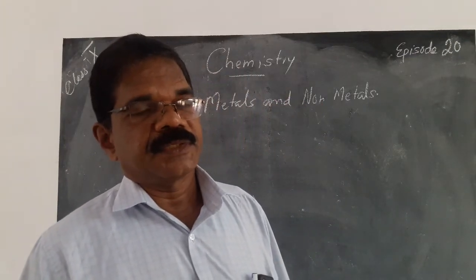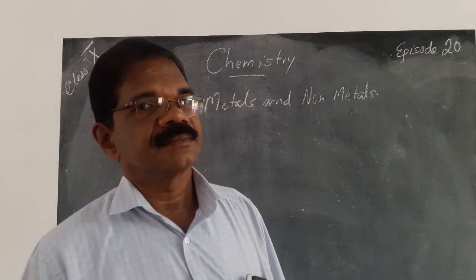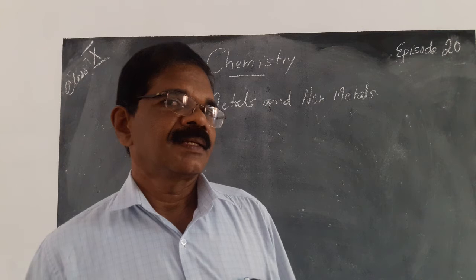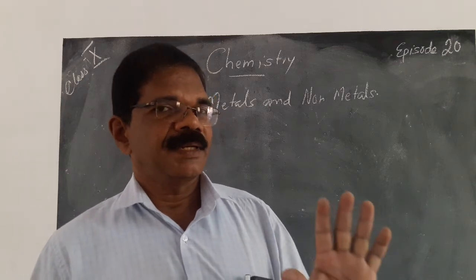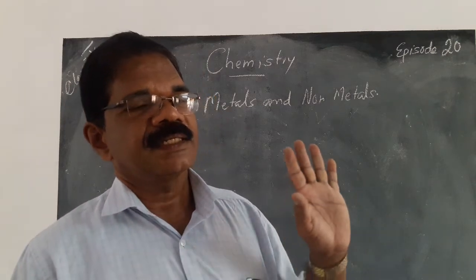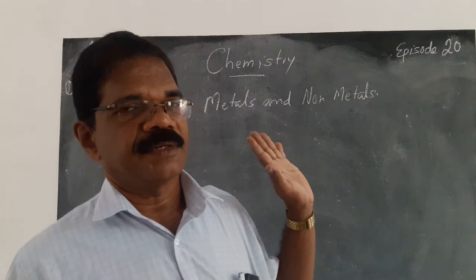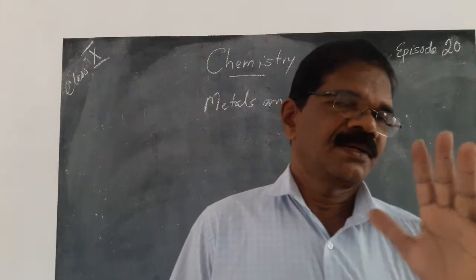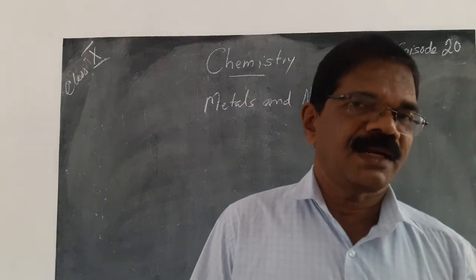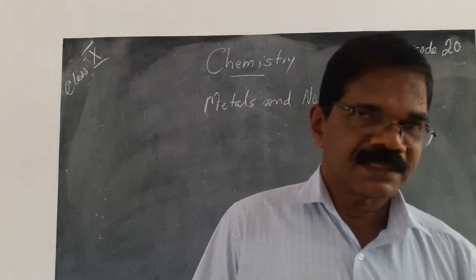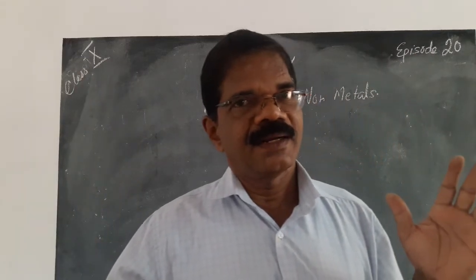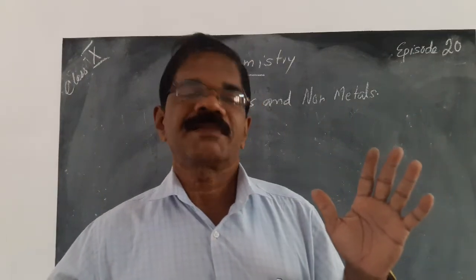Do you know where is the position of metals? We have seen that the metals are placed on the extreme left side of the periodic table. On the right side of the periodic table, non-metals are placed.